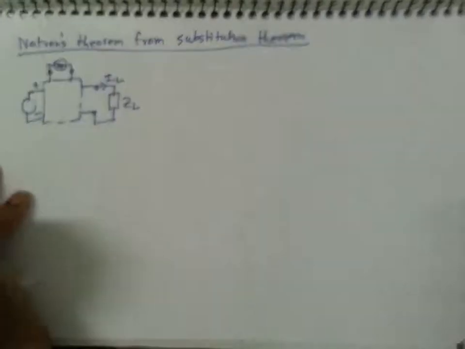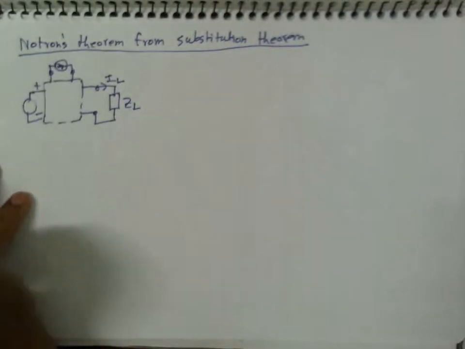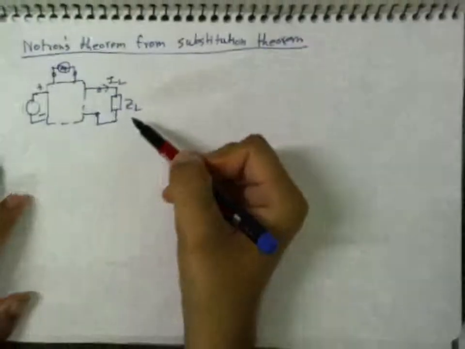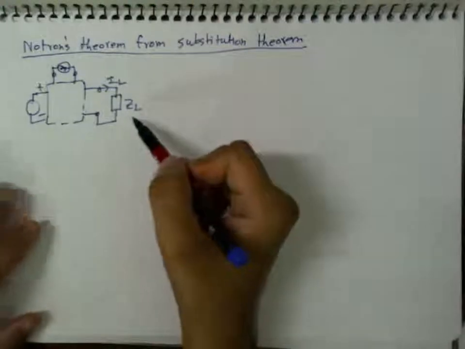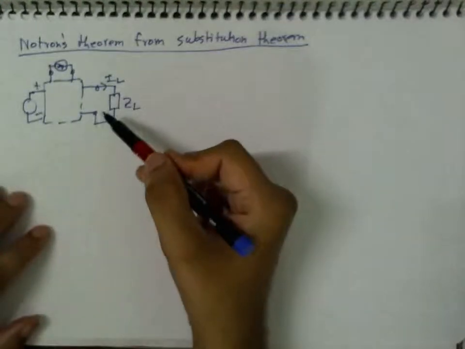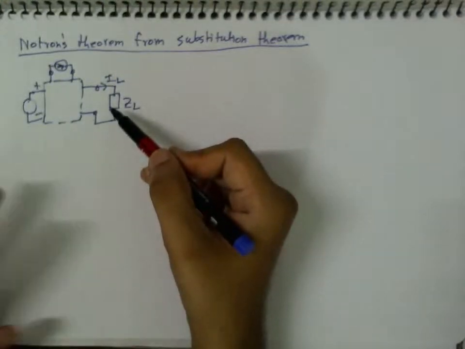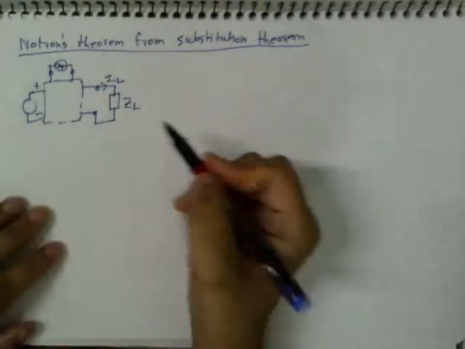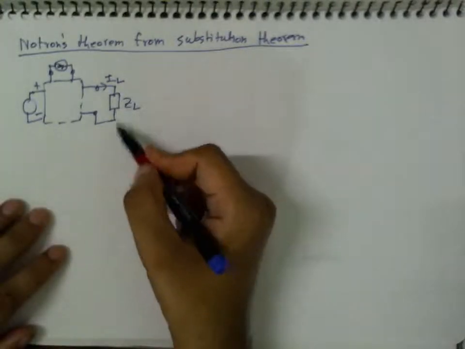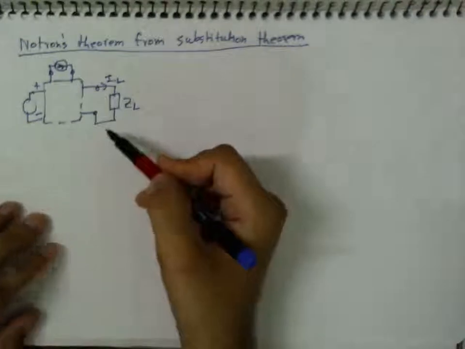To get Thevenin's theorem, we substituted this branch with a current source. Similarly or reciprocally, to get Norton's theorem, we will substitute this with a voltage source.